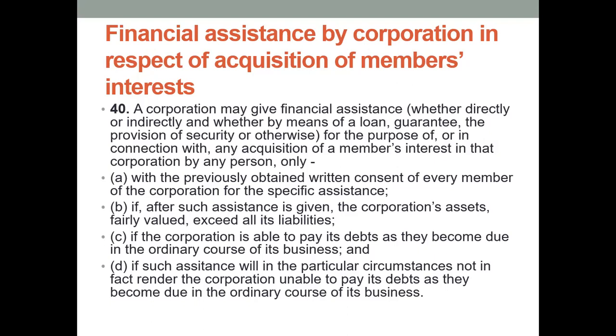And again, if after such assistance is given, the corporation's assets fairly valued exceed all its liabilities, and if the corporation is able to pay its debts as they become due in the ordinary course of its business, that's when they can give financial assistance, only when they are able to pay their debts as they become due. And also if such assistance will, in the particular circumstances, not in fact render the corporation unable to pay its debts as they become due in the ordinary course of its business.